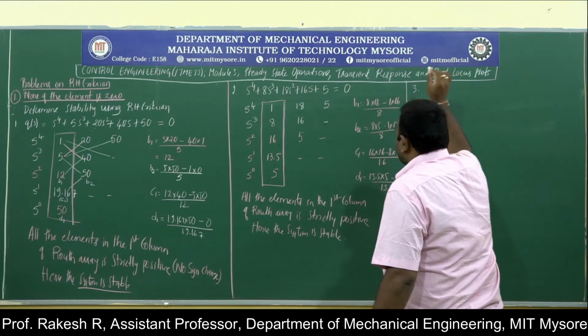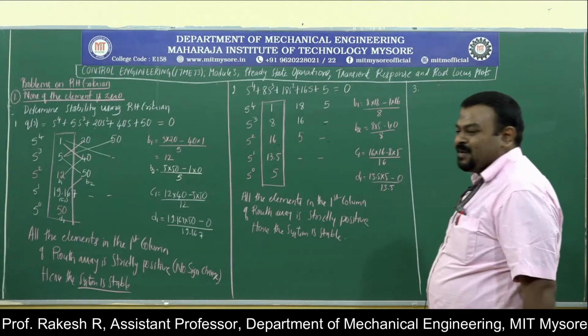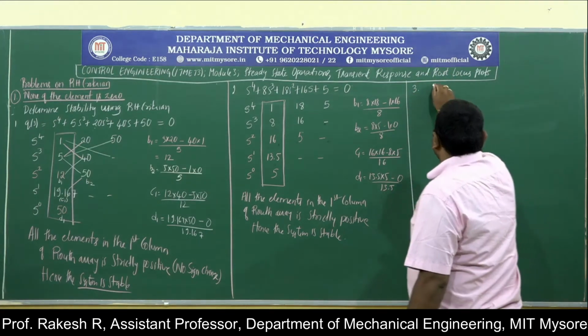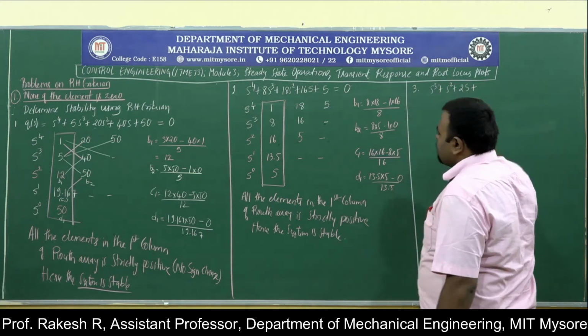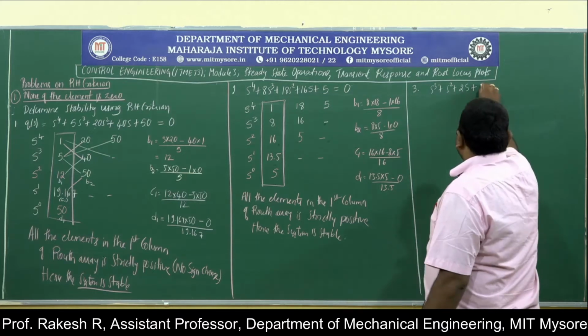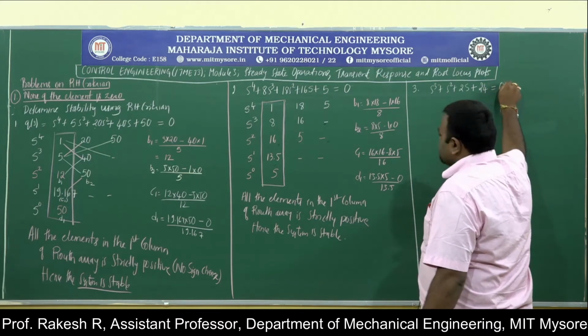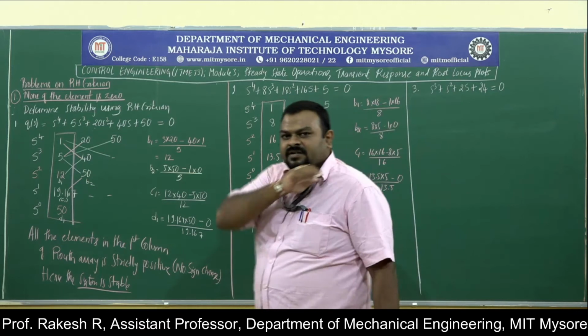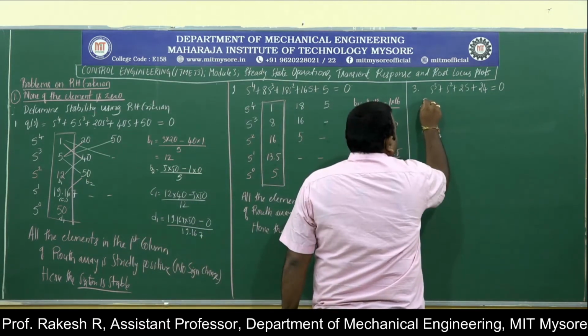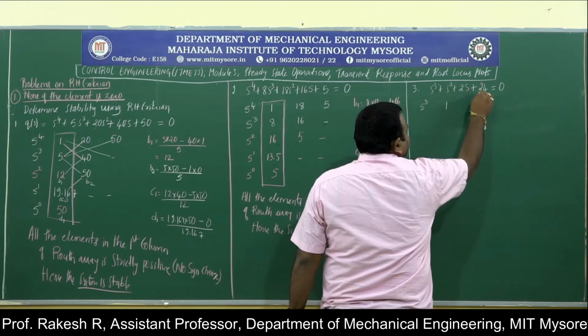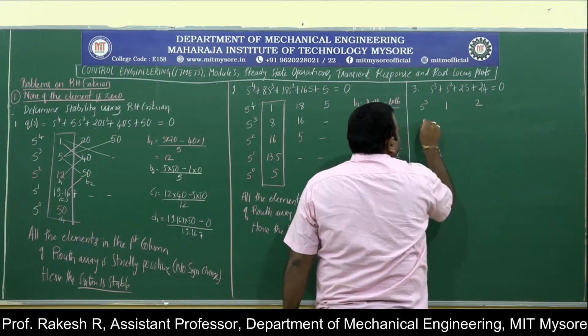Next I will take number 3, another problem. Another problem is s cube plus s square plus 2s plus 24 equal to 0. This is a characteristic equation. Let us write s cube 1, next decreasing is s to the power of 1, 2.